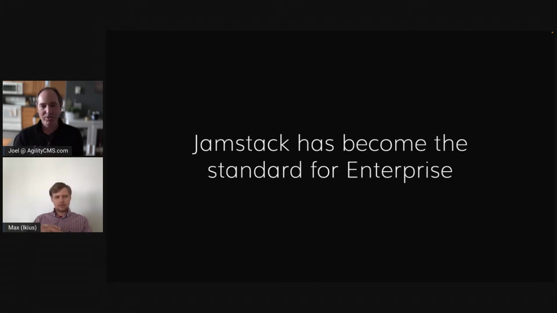Yeah. Now, what's really interesting is that I think one of the reasons that we're seeing Jamstack as the overall technology umbrella that enterprise organizations are choosing, or even really evaluating carefully, is that yes, they are complex projects, but previously under older architectures and technologies, a rollout of one of these complex systems could actually take multiple years.